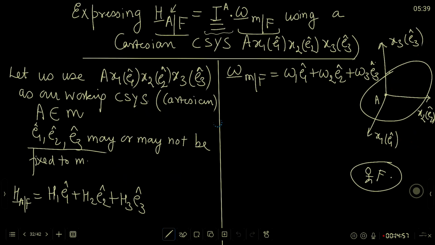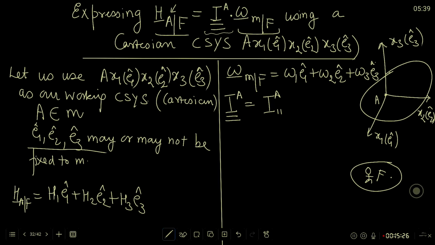Now IA is going to be expressed as this. Mind you, so far I have not clearly defined what IA itself is, neither physically nor mathematically, but I am treating that as a second order tensor.